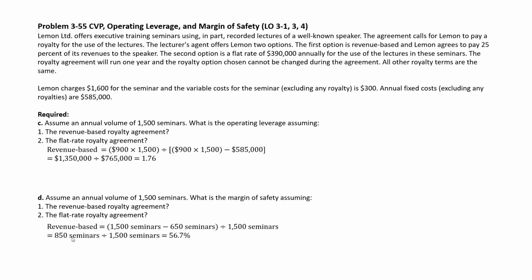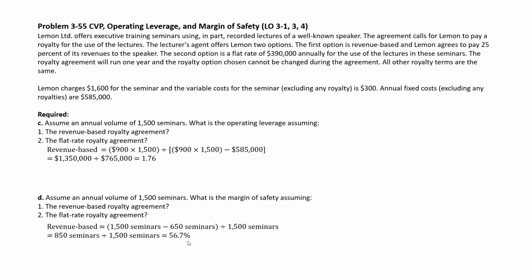I'm 850 seminars above the break-even. Also, I could say I could lose sales of 850 seminars before I get to the point of losing any money. If I want this as a percentage, I'm going to divide it by, again, what's my current sales level, 1,500. So 850 divided by 1,500 is a margin of safety as a percentage of 56.7%.